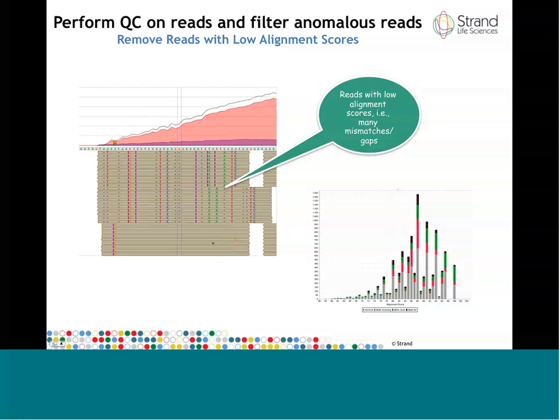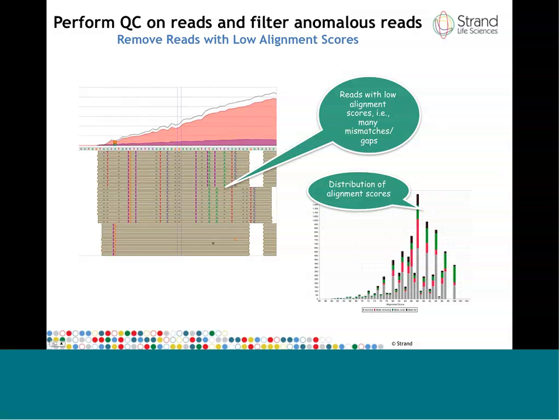So you can identify reads with low alignment scores, i.e. many mismatches and gaps, and filter those out. The way you can identify those is we show you a histogram at the bottom right on the distribution of alignment scores. Then you can pick a cutoff and say, remove all reads which have alignment score lower than, let's say, 84, and it'll remove all of these strange reads with lots and lots of mismatches and gaps.